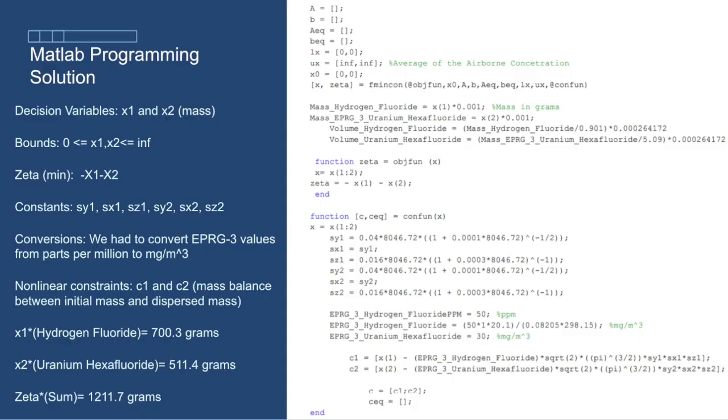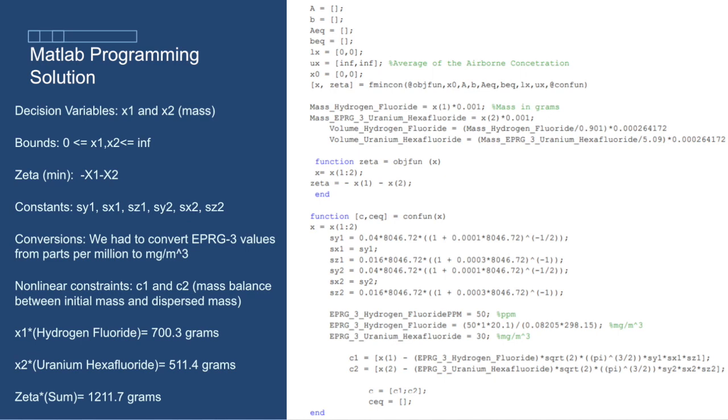To solve this problem, we used the fmincon function in MATLAB, where our decision variables are x1 and x2, x1 being the mass of hydrogen fluoride and x2 being the mass of uranium hexafluoride. Our zeta is negative x1 minus x2 because MATLAB defaults to minimization.